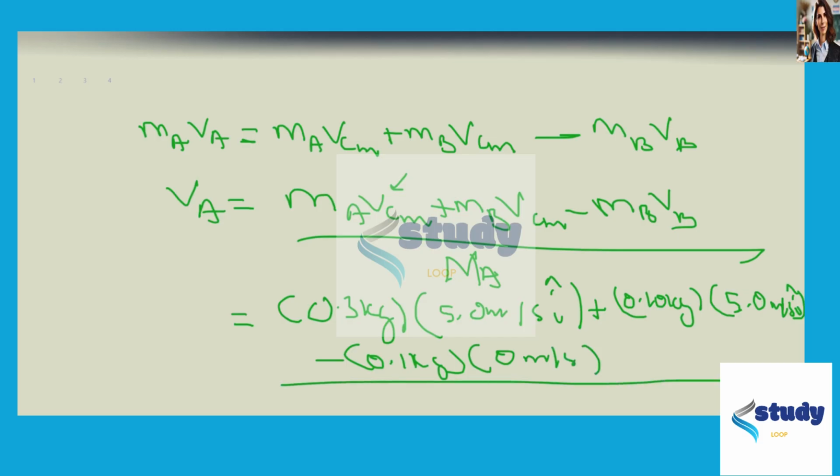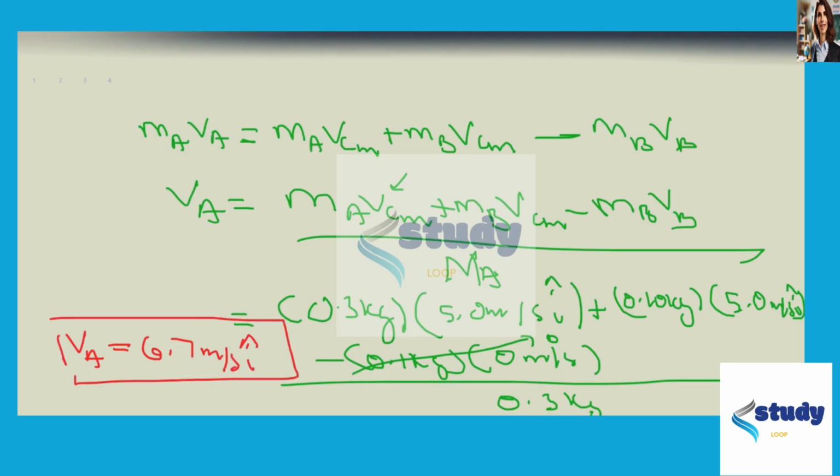And so this part of the equation will just disappear because it's going to be 0, and then all of that is divided by mass of A, which is 0.3 kilograms. When you simplify that, you get that the velocity of A happens to be 6.7 meters per second I hat.